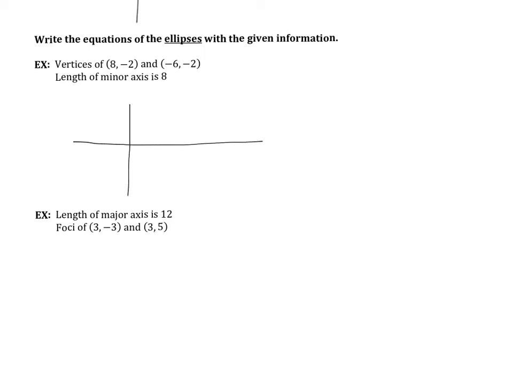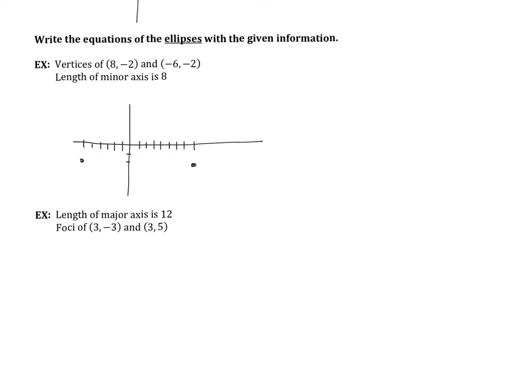I know the vertices are 8, -2, so 1, 2, 3, 4, 5, 6, 7, 8, and -6, -2, 1, 2, 3, 4, 5, 6, and then the length of the minor axis is 8.